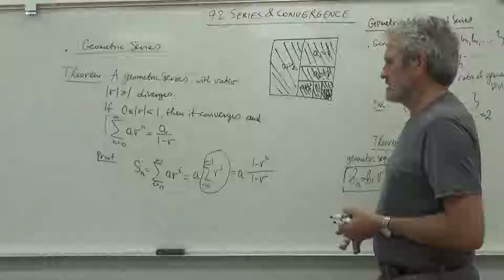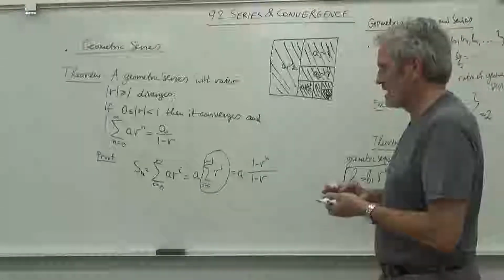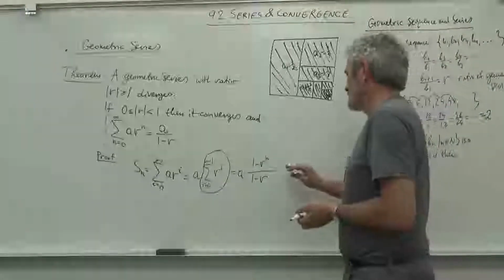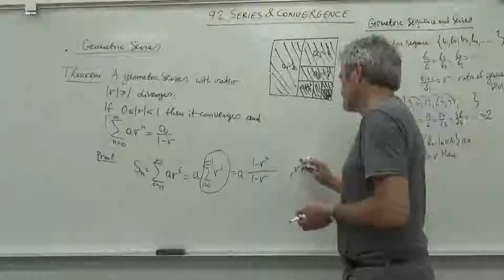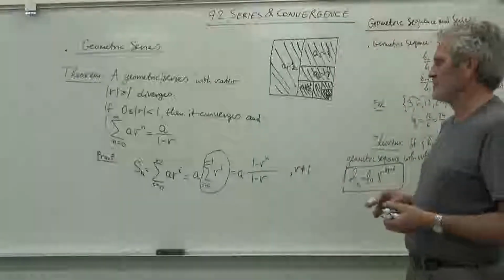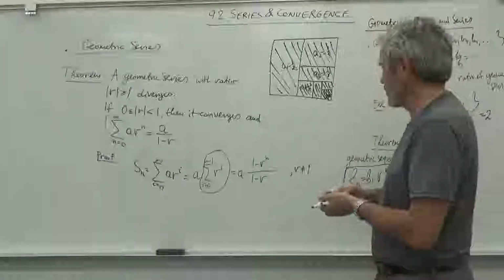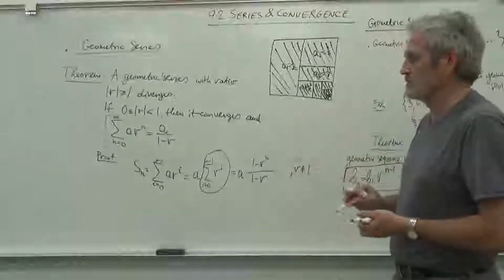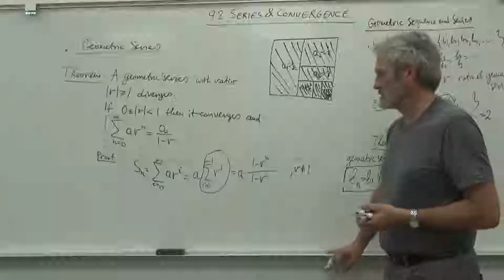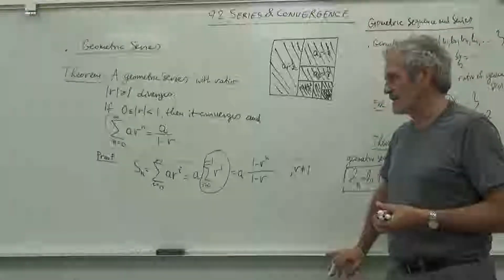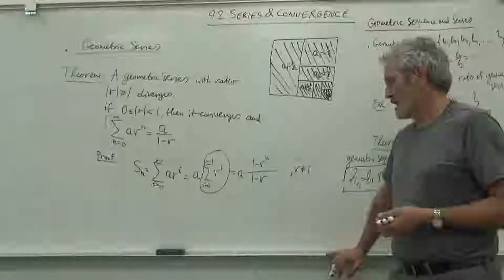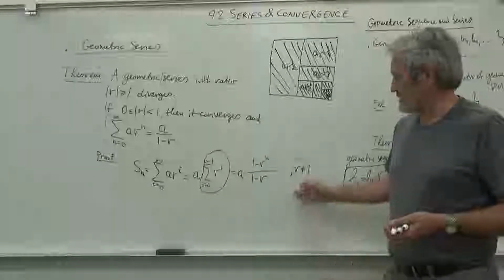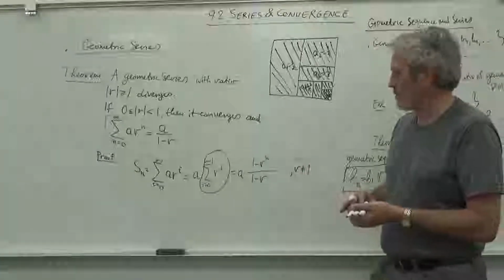All this calculation is done under the assumption that r is different from 1. Maybe I should have said that before. So if r is different from 1, I can do this reasoning. What about r equals 1? We need to do that one individually. So that's it. We have Sn for all cases when r is different from 1.